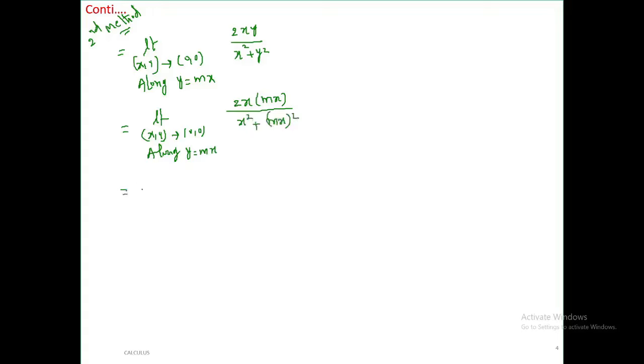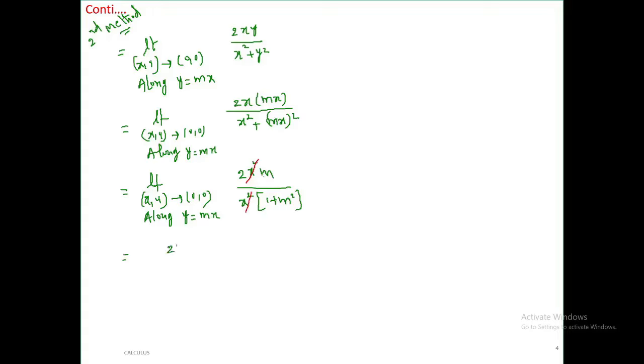Now in the next step, limit x comma y is reaching to origin along the path y is equal to mx. So 2x square m divided by, in the denominator I am taking x square out, so 1 plus m square. Now this x square and x square cancel out. Now what will remain? Limit x comma y reaching to origin, so there is no x and y term.